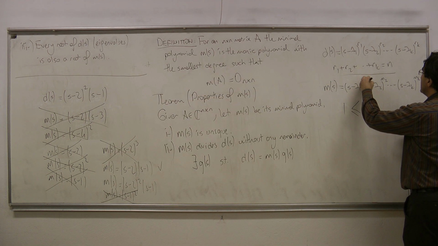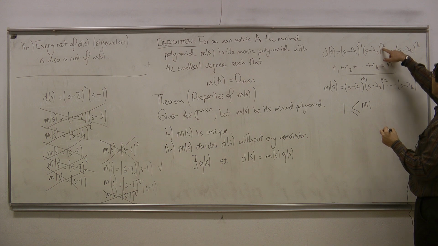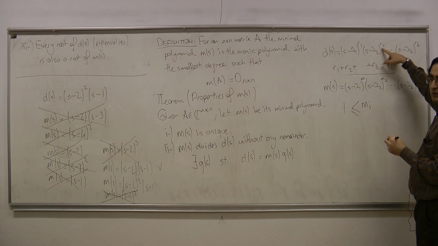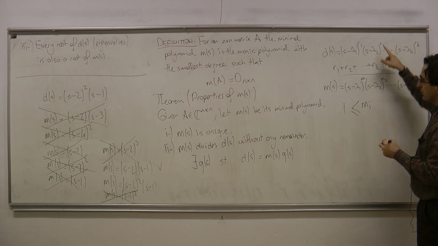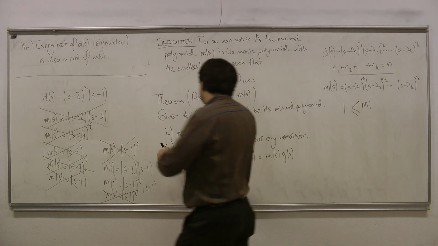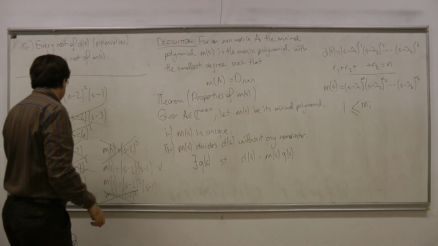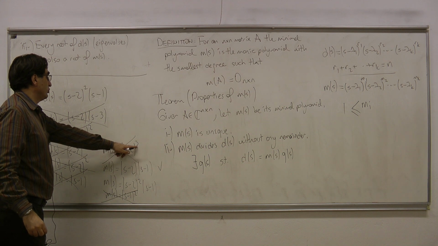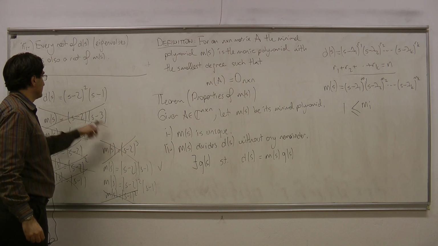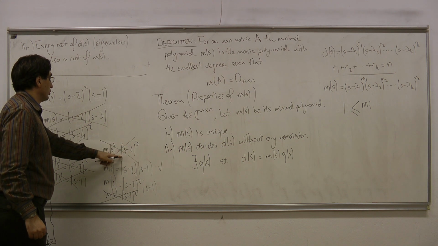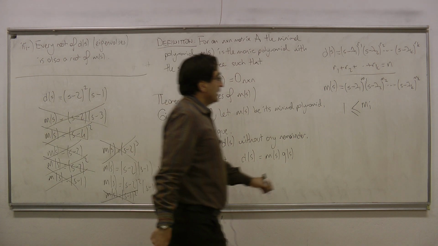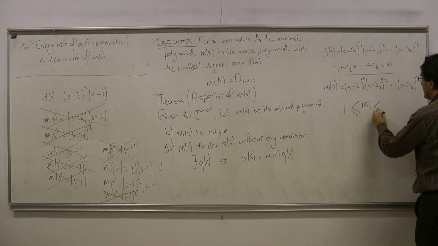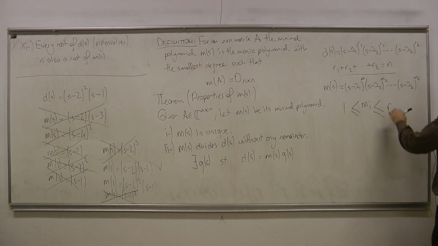this is m1. Can these mi's be larger than the corresponding ri power? That cannot be, because if m2 is larger than r2, then it would violate the second property. You know, s minus 2 cubed cannot be. It violates the second property because this polynomial cannot divide d of s without any remainder. Therefore, these mi's can be at most equal to ri.